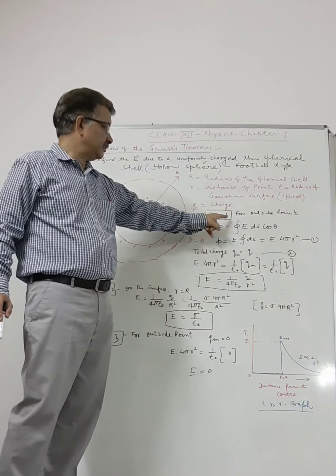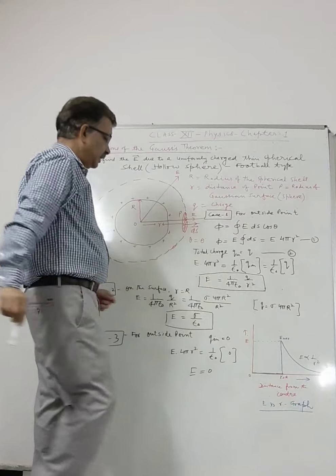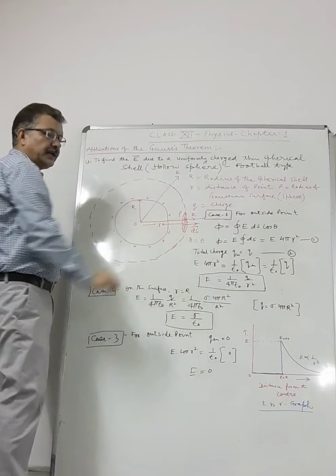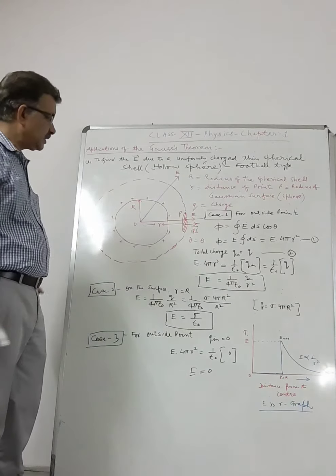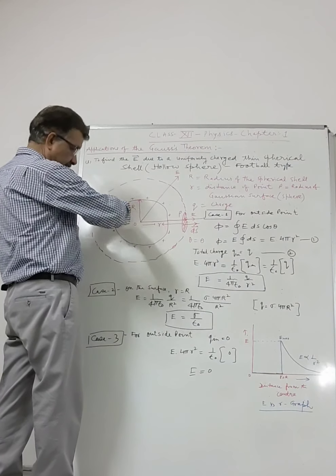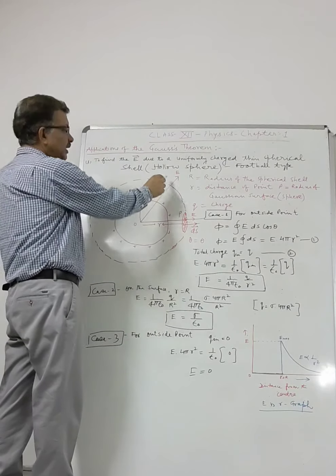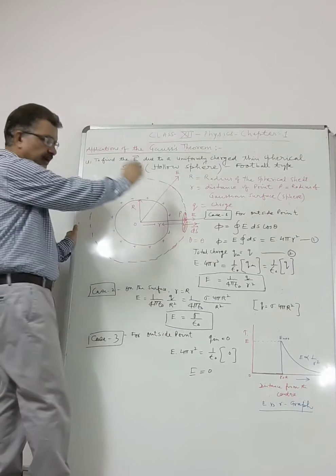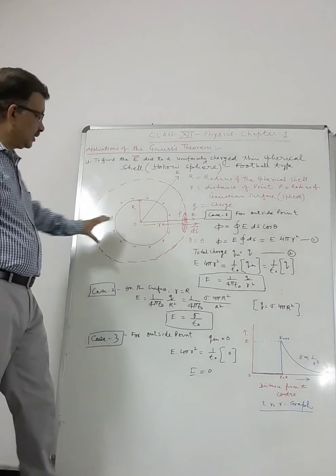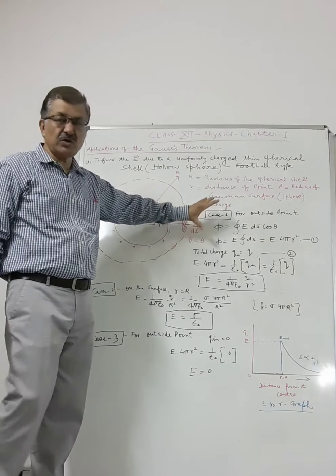Case number 1, for outside point. It means point P, that is the point of observation, is outside the spherical distribution. So P is the point here, suppose it may be here, it may be here, for that matter it may be anywhere on this Gaussian surface, symmetrical closed Gaussian surface.